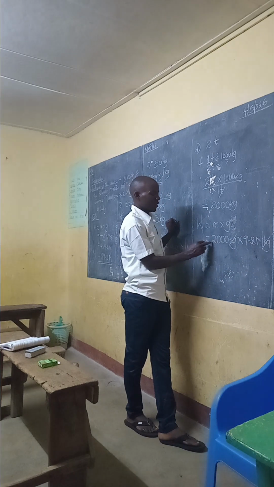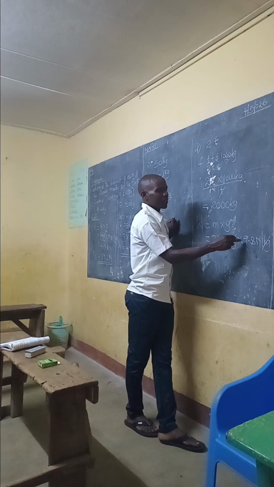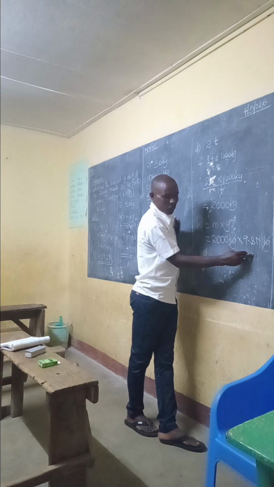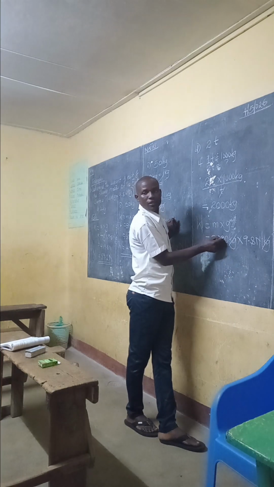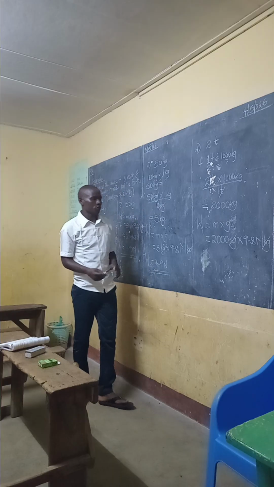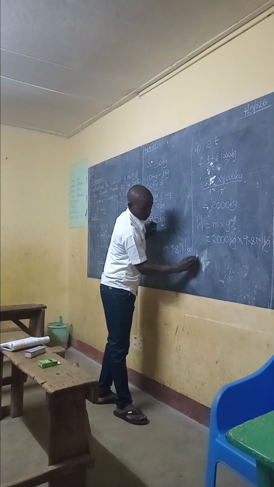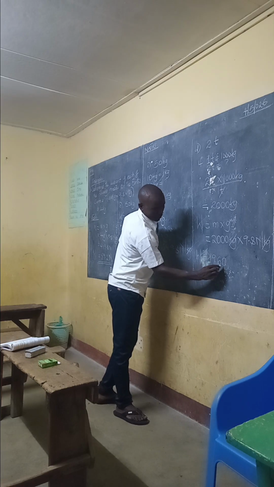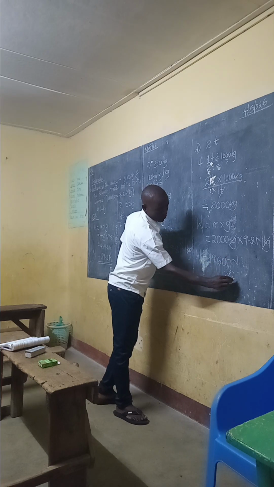So it is like 2,000 kilograms times 9.8 Newton over 1 kilogram. So this kilogram will cancel the kilogram. 2,000 times 9.8 is 19,600 Newton.